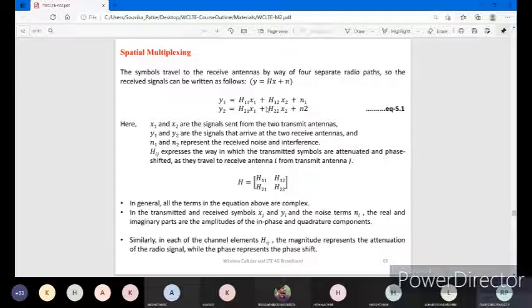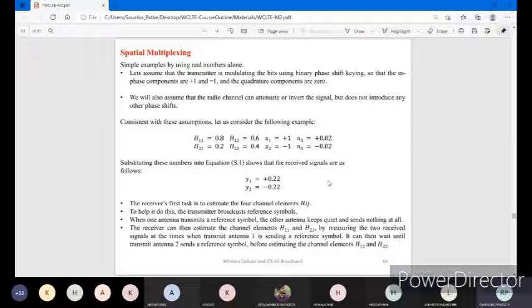Why is matrix useful? Because we have calculated with the matrix method, it is easy for us to identify the error which we are calculating with respect to the H value. So spatial multiplexing, he has given some values: H1 equal to 0.8, H2 1.2, H1 2.6, H2 2.4, X1 is plus 1, X2 is minus 1.